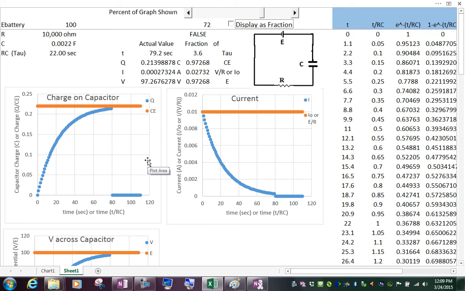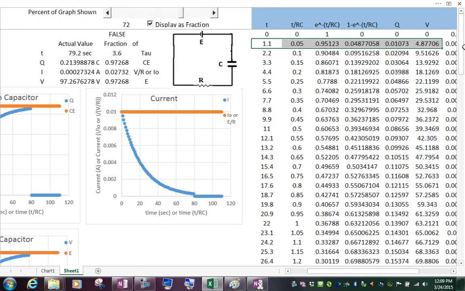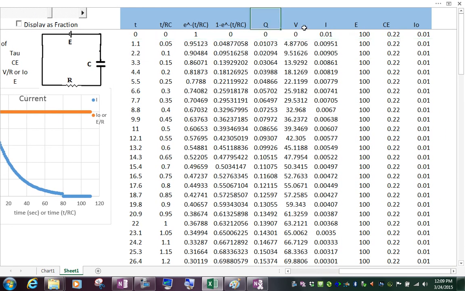Well, 1 tau is the same as 1 RC. So that's some fraction, because as you can see, the charge and the voltage are some fraction of the battery voltage and the CE. That fraction is 1 minus e to the minus t over RC, the time constant.